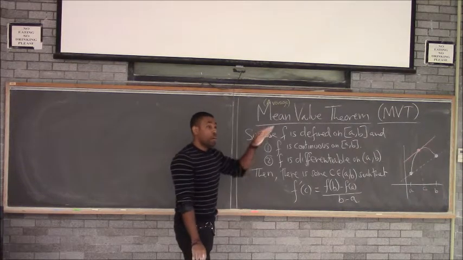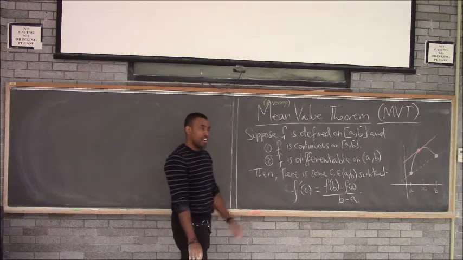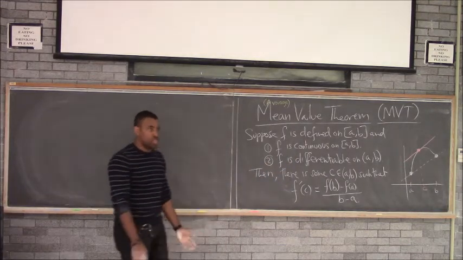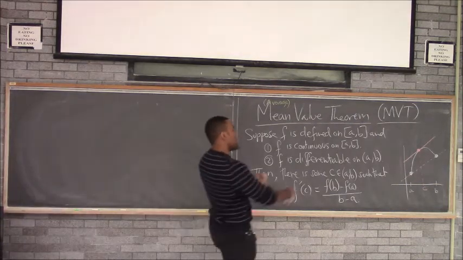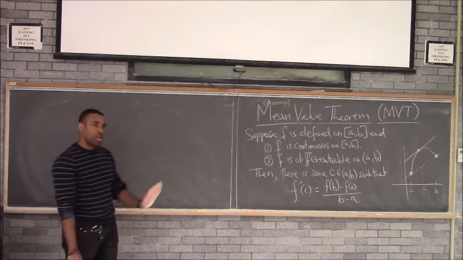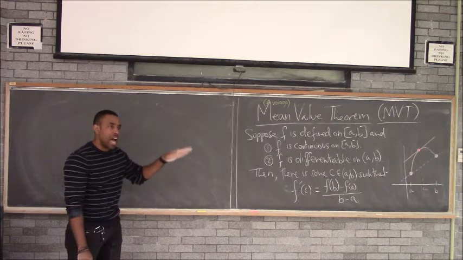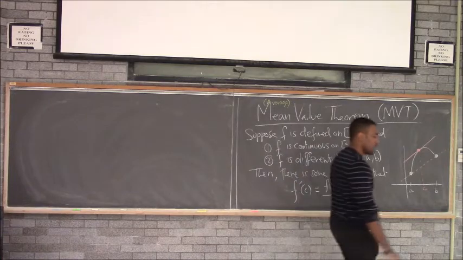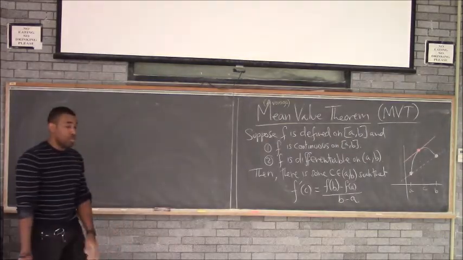If you're always above 80 miles an hour, you take shorter than an hour to get there. The fact that you got there in an hour means you had to cross 80 miles an hour at some point, which means you're speeding, right? So if you look at the average rate of change over the entire trip, there's going to be a point in the middle of that trip where your speed is exactly the average speed. This is called the mean value theorem. And it's a very important idea, actually.